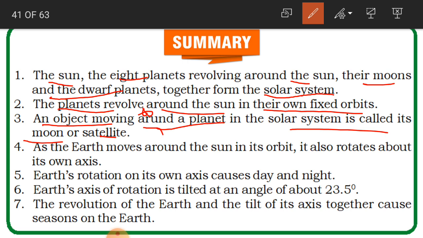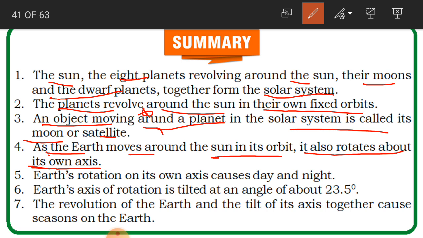As the earth moves around the sun in its orbit, it also rotates about its own axis. So as the earth moves around the sun, what do we call it? We call it revolution. So as the earth revolves around the sun in its own orbit, it also rotates around its own axis.